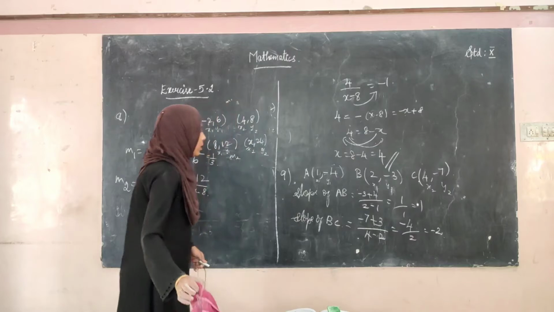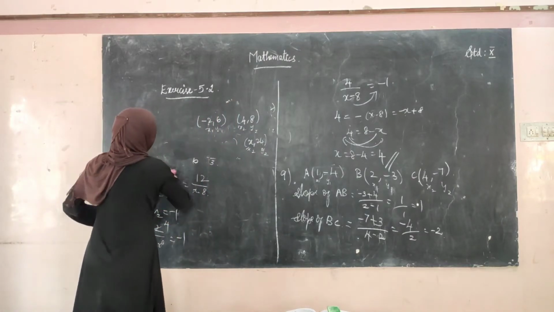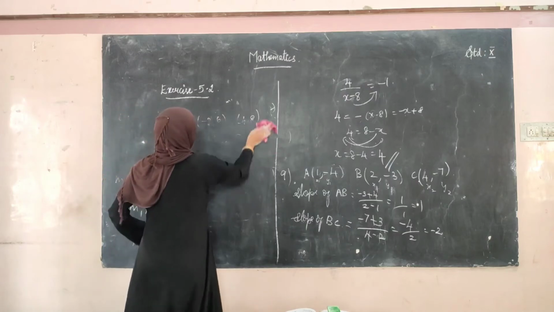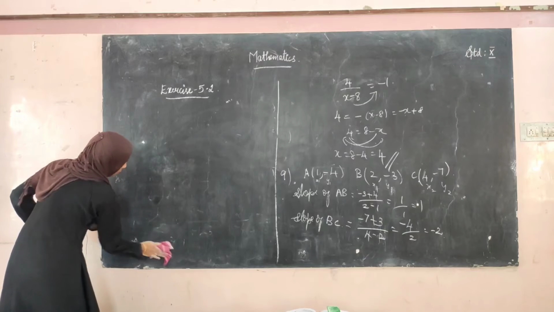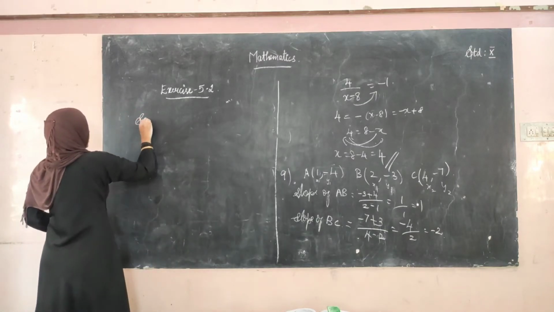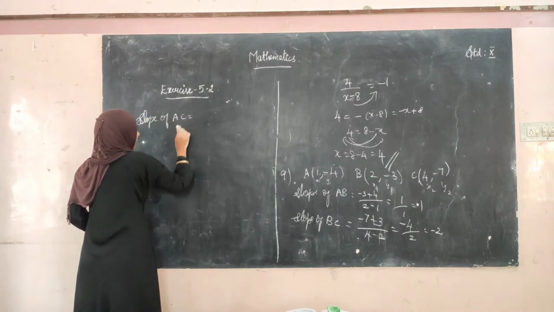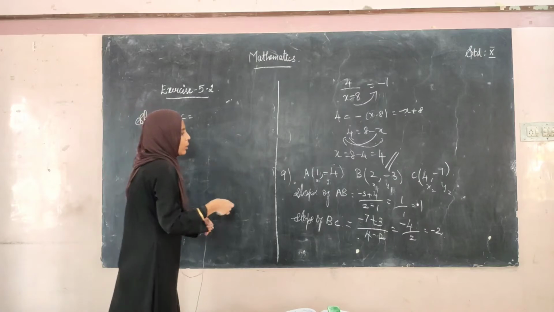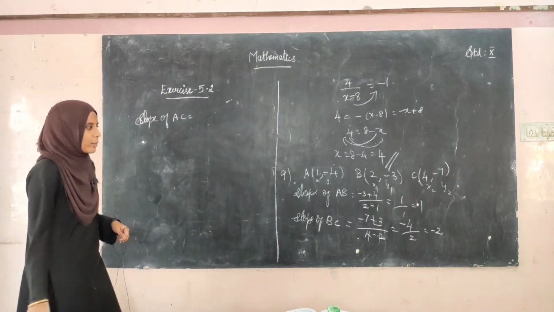Okay, and then now we have to find the slope of AC. So this is x1, y1 and that is x2, y2. So the formula is y2 minus y1 divided by x2 minus x1.